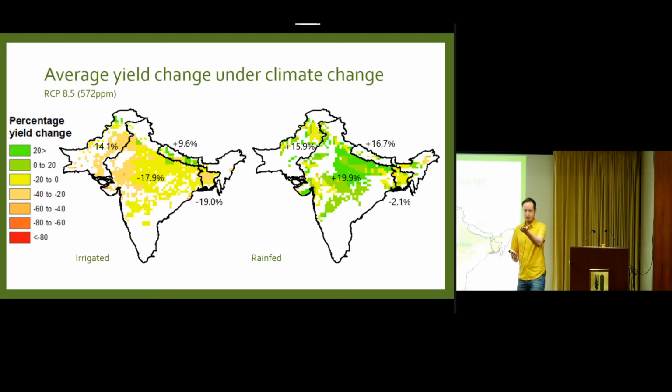Any other questions? I'm wondering what would happen if you calculated with future varieties. So the question is, what will happen if we calculate with future varieties? Do you mean with traits bred for climate change?